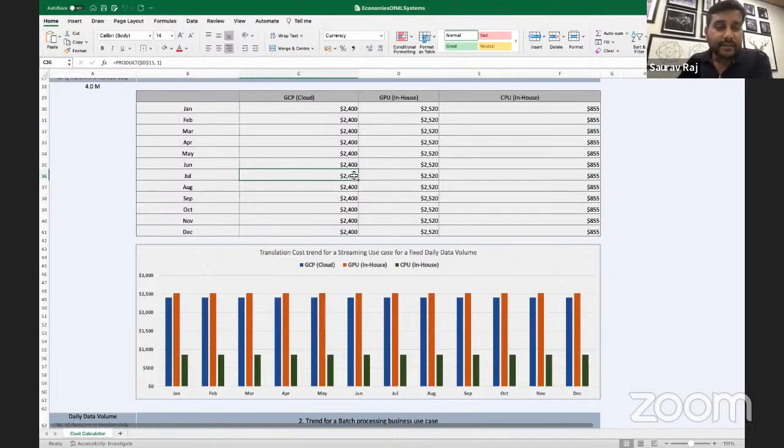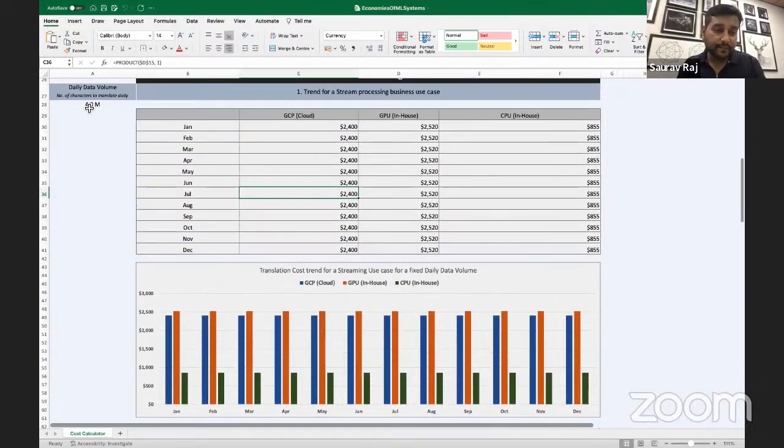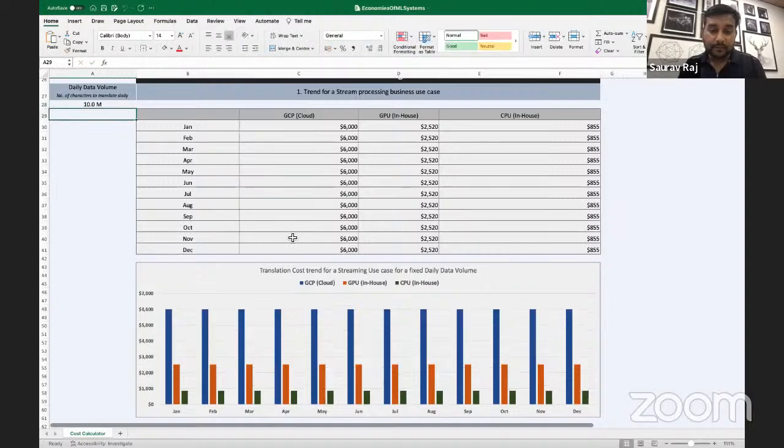It seems that when your daily data volume is around 4 million characters, then from the cost point of view, you are going to pay the same amount, be it in-house or be it in GCP. But if the data volume is on the higher side, if from 4 million, if I increase it to 10 million, now the cost that you are going to spend on cloud is higher compared to the cost that you are going to incur in-house.